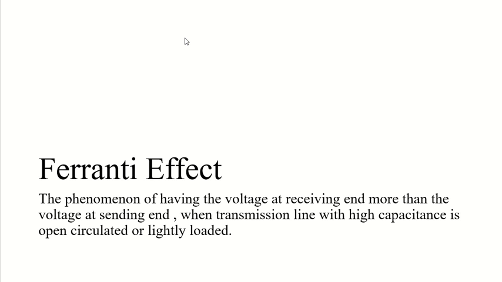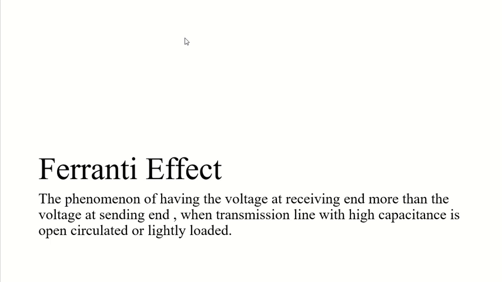If the receiving end voltage increases such that it surpasses my sending end voltage, that is, when the receiving end voltage is greater than the sending end voltage, such a phenomenon is called the Ferranti effect.